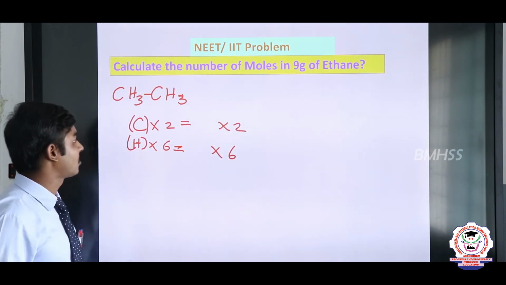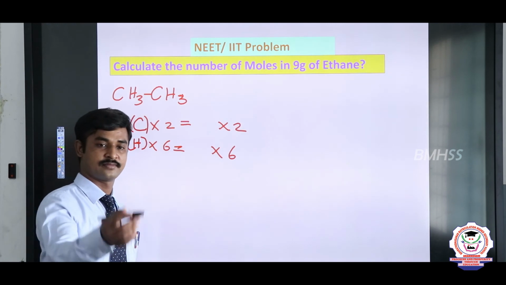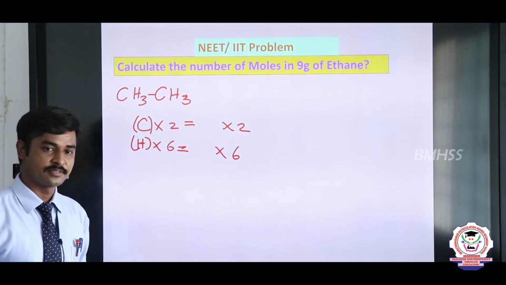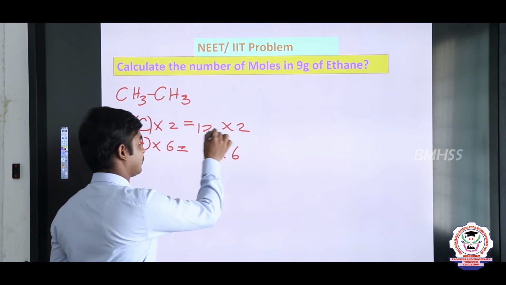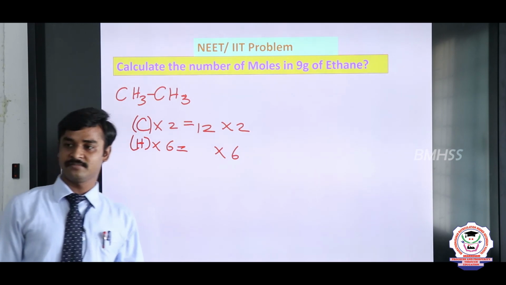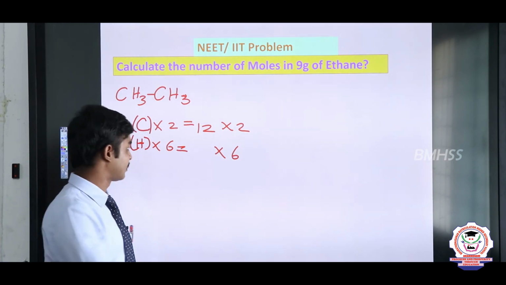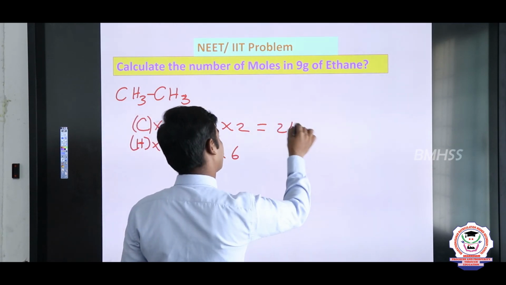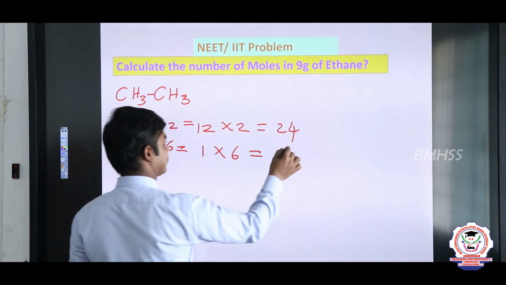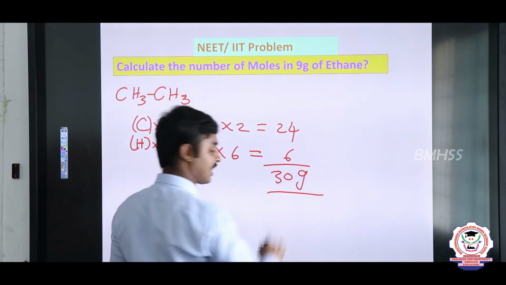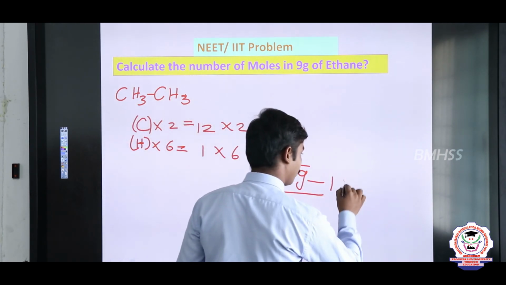What is the weight of carbon? Hemant, tell me the weight of carbon. It is 12. Okay. Senthil, you tell the weight of hydrogen. Yes, very easy, 1. So 12 into 2, 24. 1 into 6, 6. The total weight is 30 gram for 1 mole of ethane.